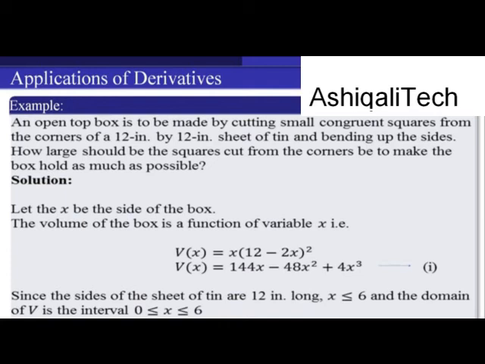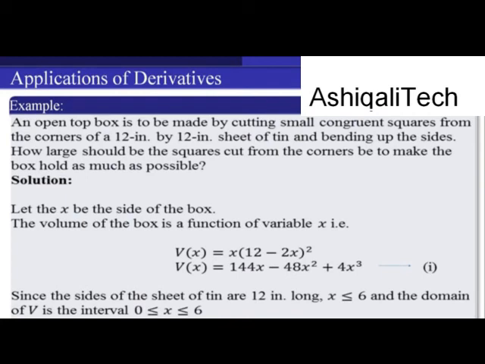The volume of the box is a function of the variable x, that is, volume, which we denote by V(x), is given by x times (12 - 2x) squared. So that is, V(x) = 144x - 48x squared + 4x cubed.